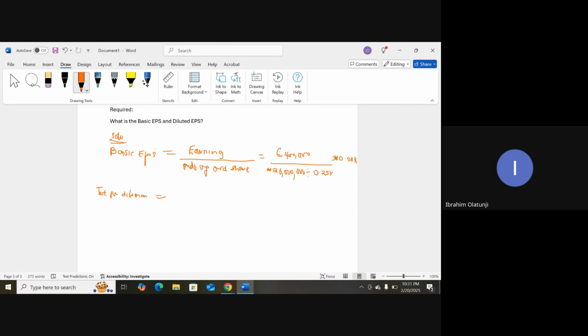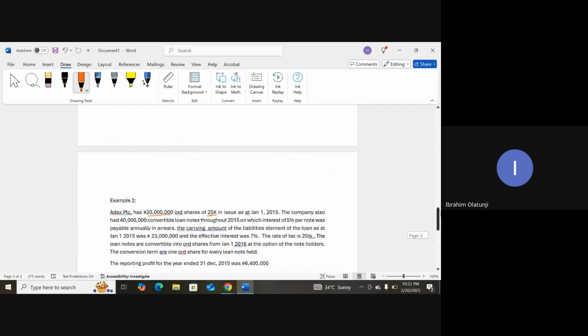When you are testing for dilution, I've shown you what to do: it is interest saved, net of tax, on convertible loan stock, over the number of ordinary shares that will be issued on conversion.